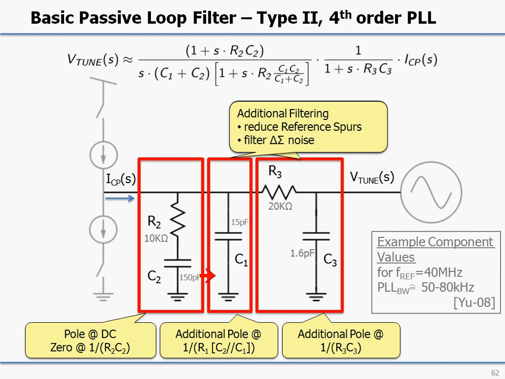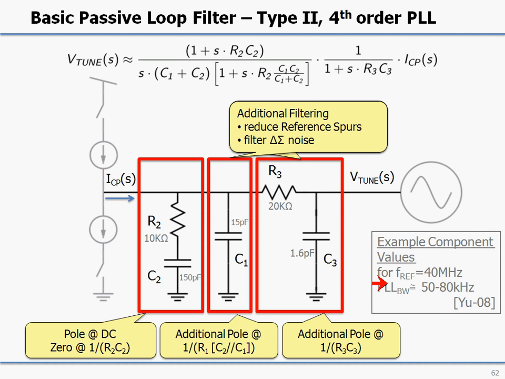Additionally, very often you will find an additional capacitor C1 here, because at high frequencies this becomes high impedance because of the presence of this resistance here, and so reference spurs or delta sigma quantization noise would not be sufficiently attenuated unless we put this C1 here, and that then introduces an additional pole in the transfer function. Very often an additional low-pass filter is introduced to further filter the reference spurs as well as the quantization noise.